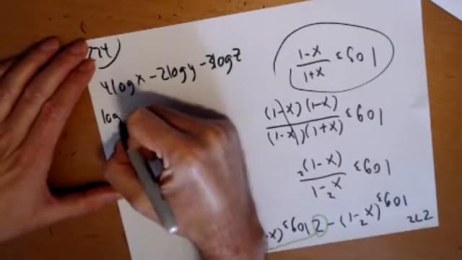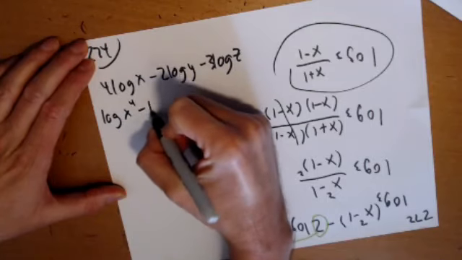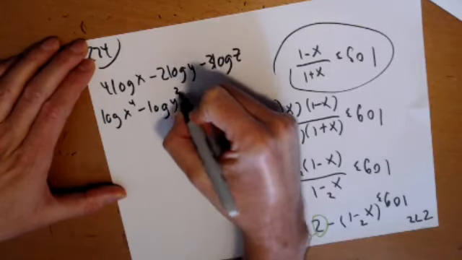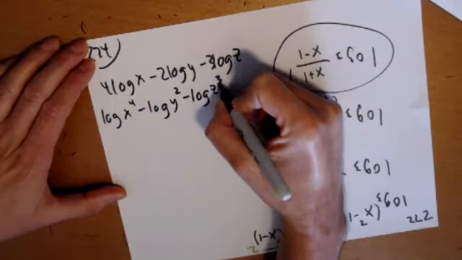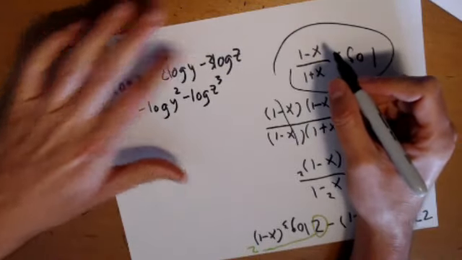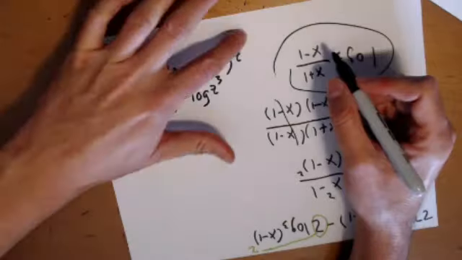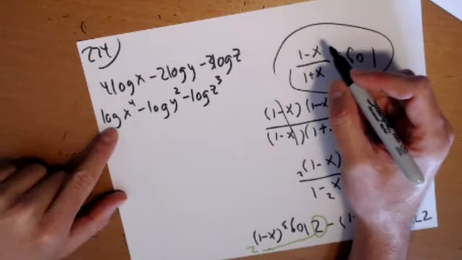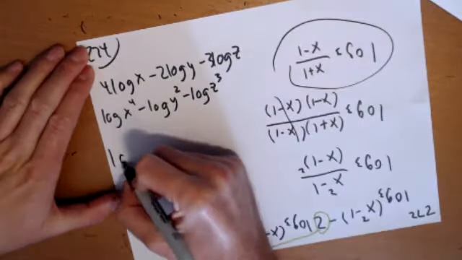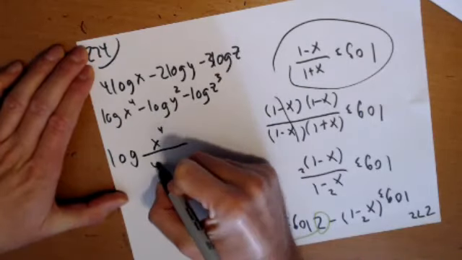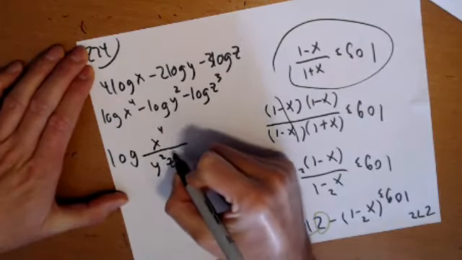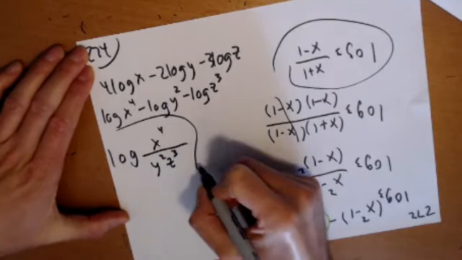So that's log of x to the 4th minus log y squared minus log z cubed. See all those numbers out in front? I put them as exponents inside. Positive, negative, negative. Okay, so that's just log. Positive guys upstairs, negative guys downstairs. Ta-da!